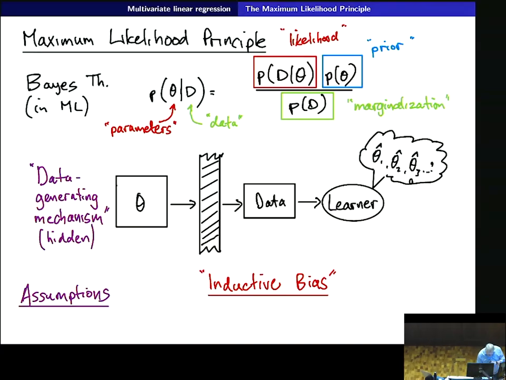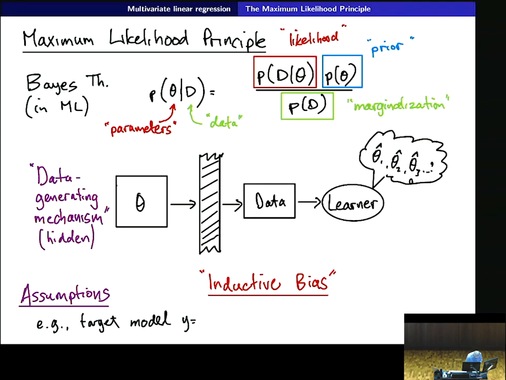So one assumption in the context of what we've been doing would be that the target model, this thing behind the wall, is of the form y equals xw, the linear regression.